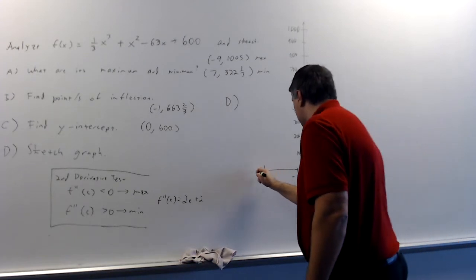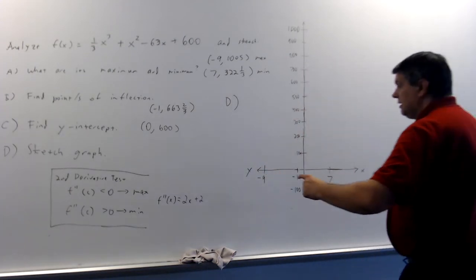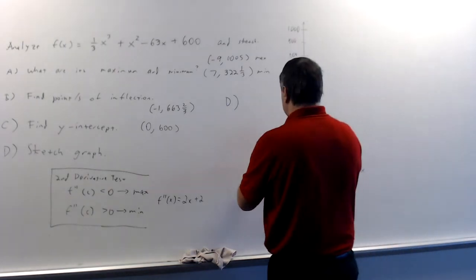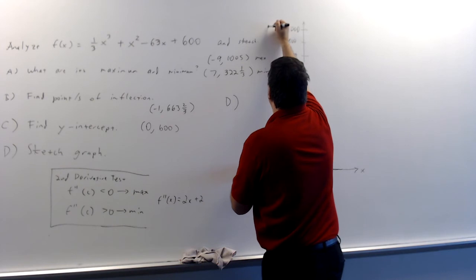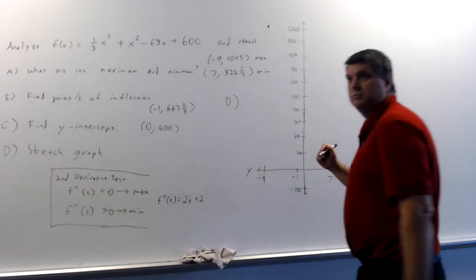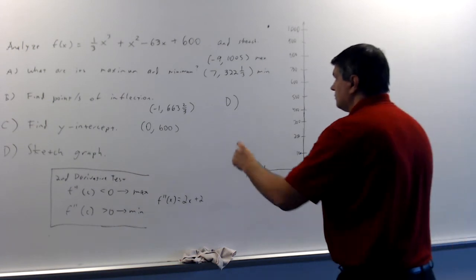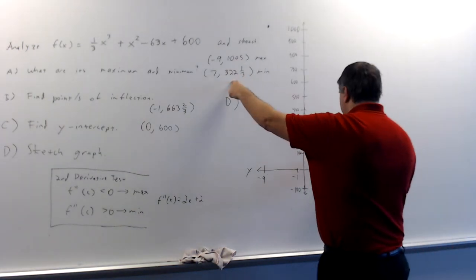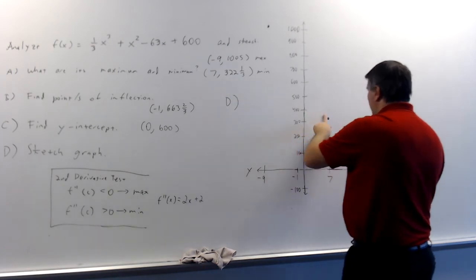X, Y. All right, so negative 9, a smidge over 1,000. 7 and about a quarter of the way between 300 and 400.